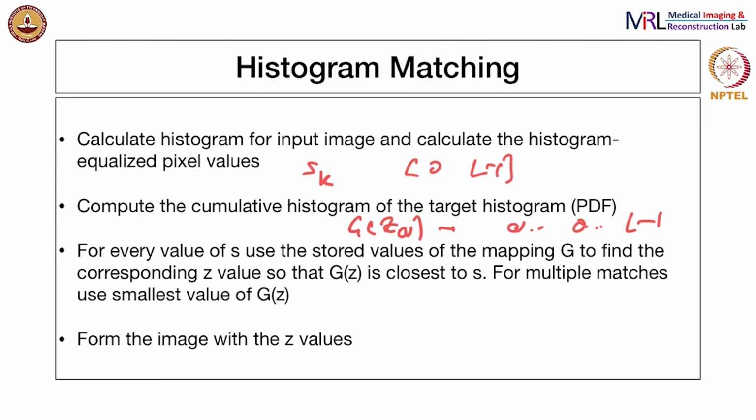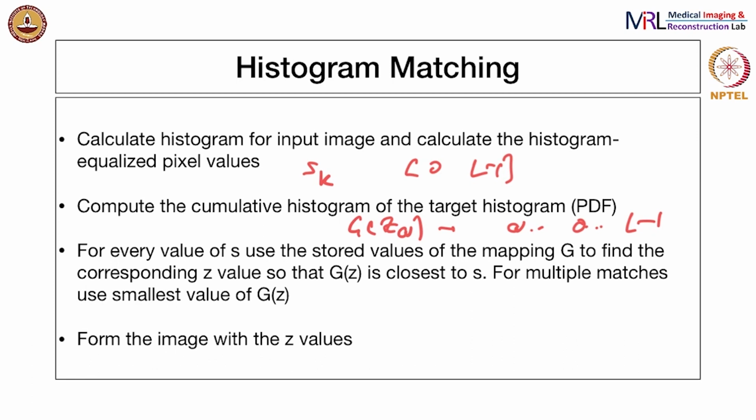So for every value of Sk that we have, we find Z subscript Q so that G of Z subscript Q is closest to Sk. That's all we do. So for multiple matches, we use the smallest value. Okay.